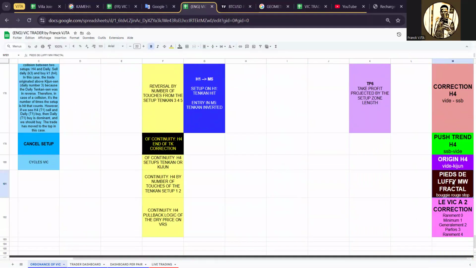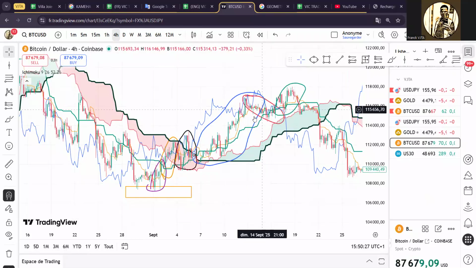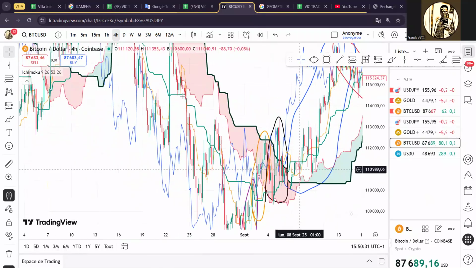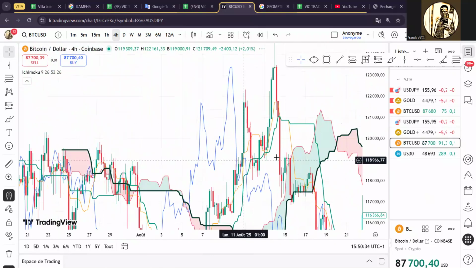But now I talk to you about the fractal leg of Luffy. I talked to you about the leg of Luffy to indicate to you till where the market can go minimum if it falls down.